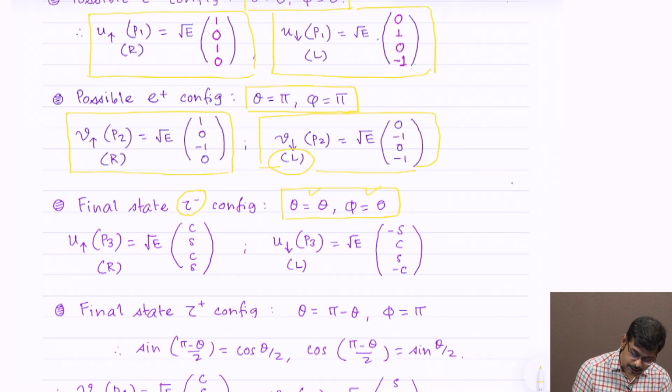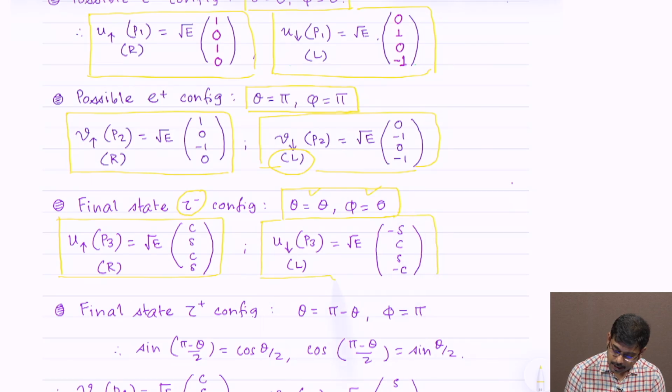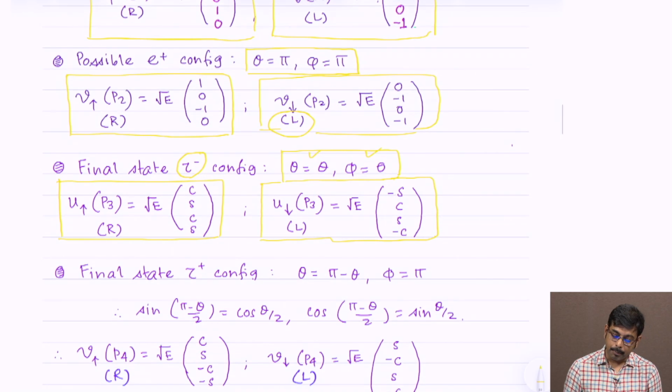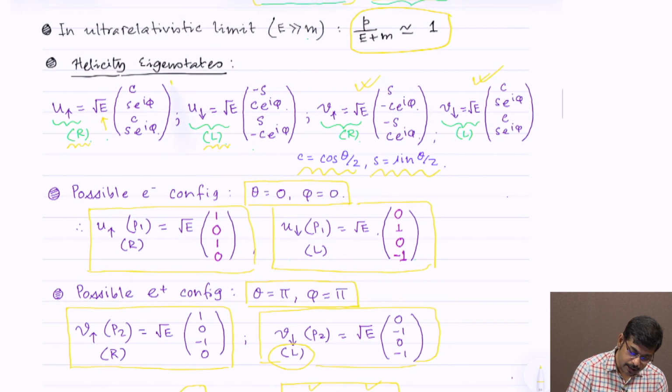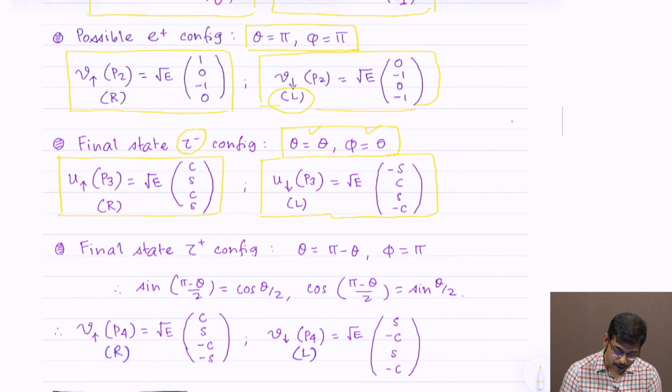So, you will find u up to be essentially square root of E C S C S. This is the right handed combination, and the left handed combination for the particle, which is u down or u left, so to say, is square root of E minus S C S C. So, this will be simply coming from these two spinors that we actually find out.